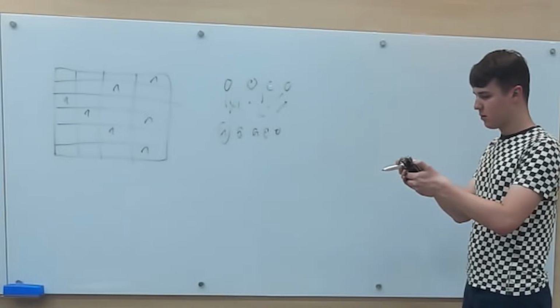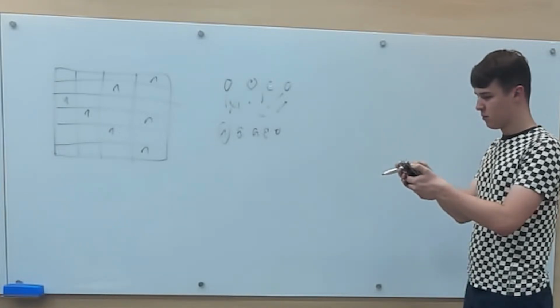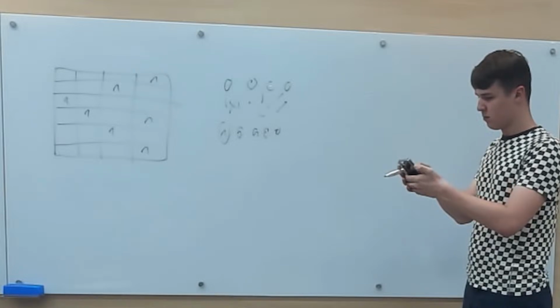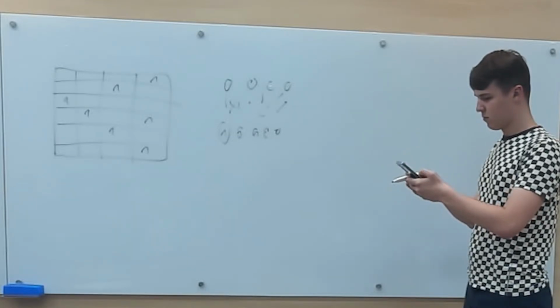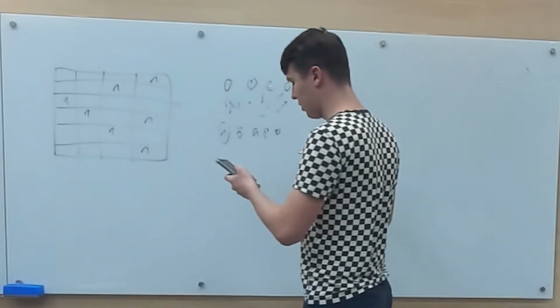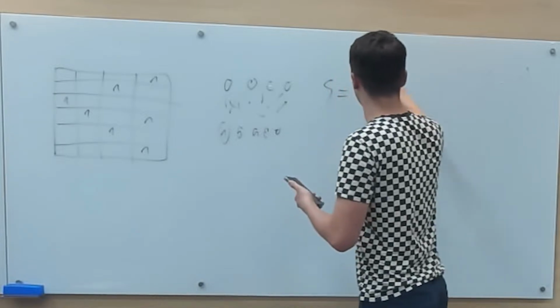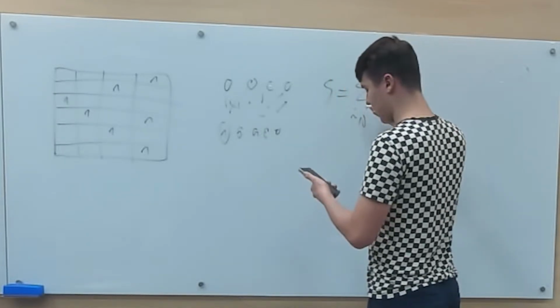Give me a second. What we want to minimize is S equal to the sum over i, j.